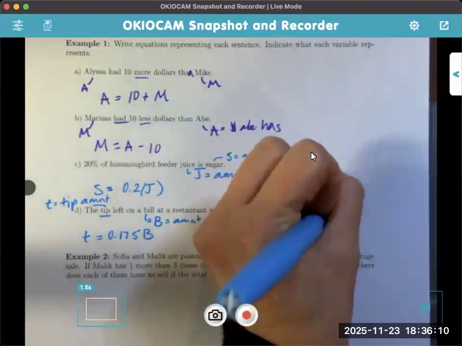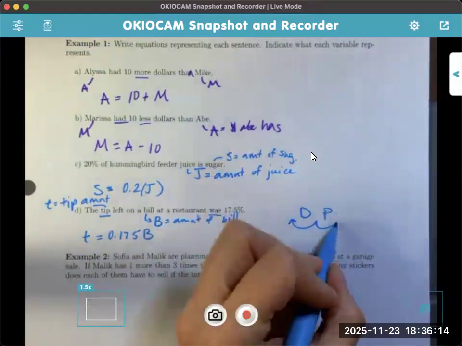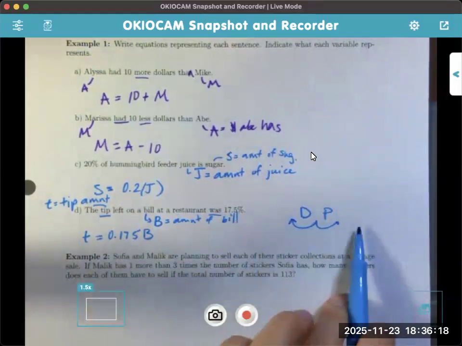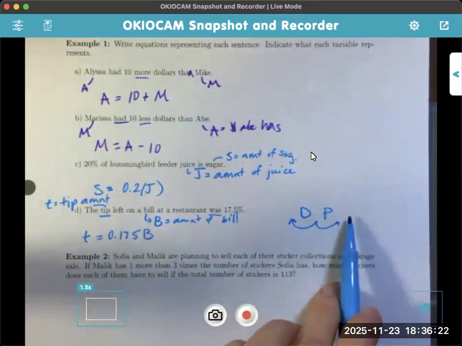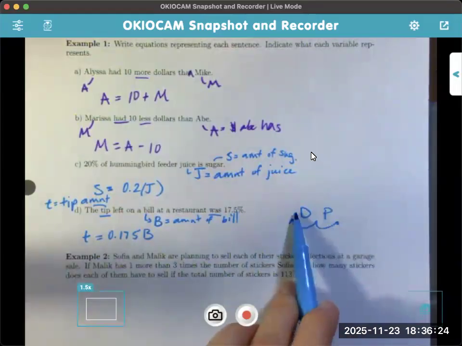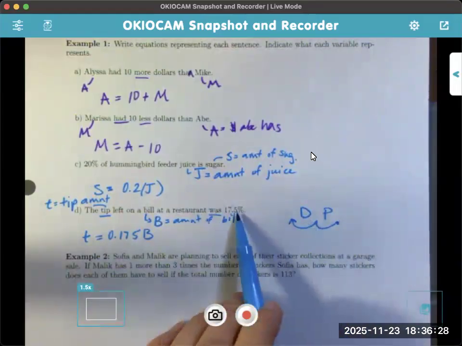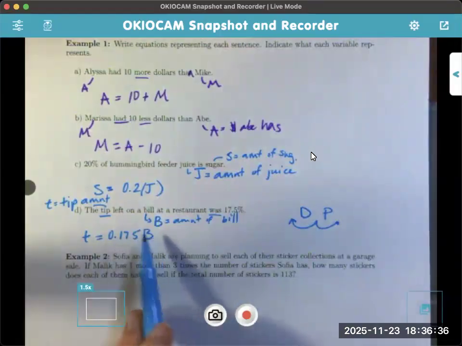So cobweb stuff here. Decimal to percent, you move the decimal over two spots. You always think Dr. Pepper, right? So if I'm going decimal to percent, I would move it two to the right, pardon me. Percent to decimal, you go two spaces to the left. Okay, so 17.5% is 0.175. So 17.5% times the bill amount is equal to the tip.